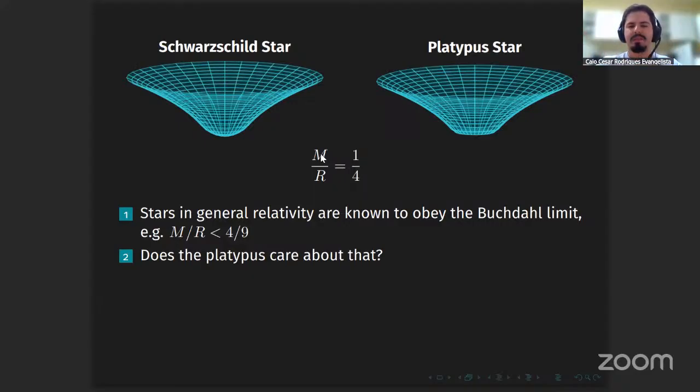If we plot the embedding diagrams for a certain compactness, which is the ratio between the mass and the radius for a given star, for example, this is a quarter. Then for the Schwarzschild star, which is simply a star of constant positive density, we get this picture on the left side. However, for the platypus, we get this one on the right, and we can see the difference here, which is because the nucleus of the platypus has zero mass.